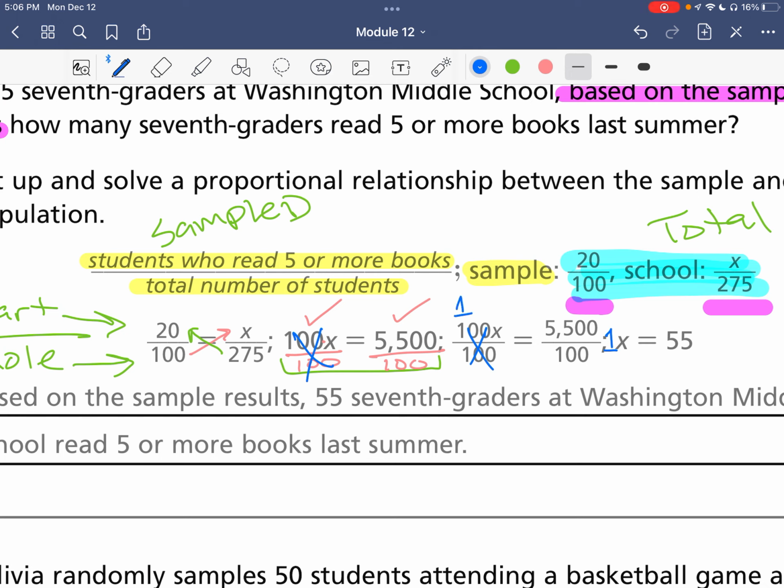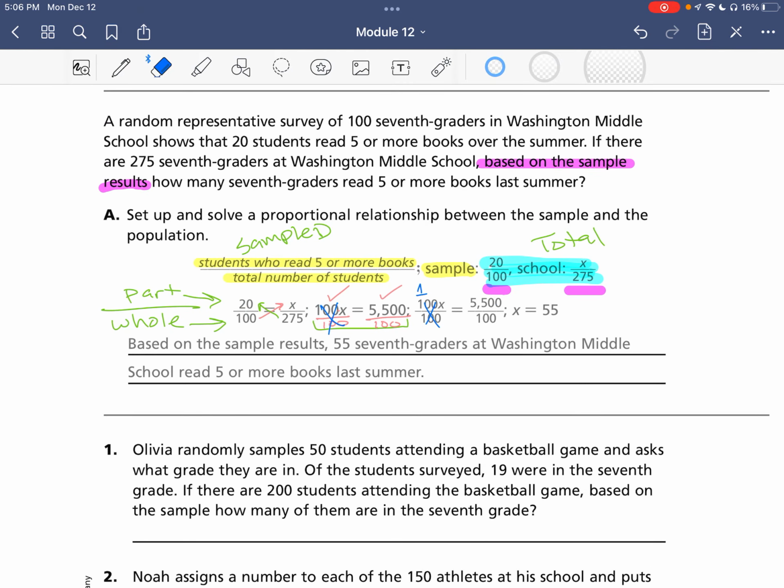And 5,500 divided by 100 will give us 55. So x equals 55. To put that into a sentence, remember to always follow what you're solving for. So we have x equals 55, but 55 what?